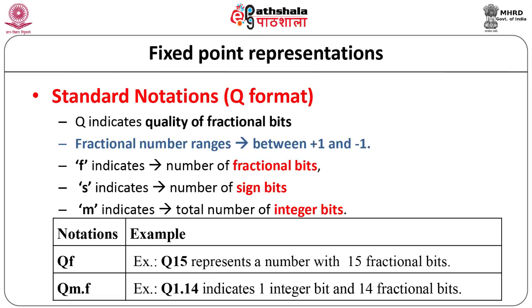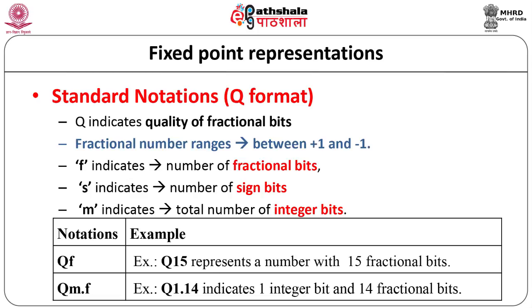In addition, F indicates the number of fractional bits, S indicates the number of sign bits, and M indicates the total number of integer bits. There are two Q formats. The first one is QF. It is a format notation with F indicating the number of fractional bits. For example, Q15 represents a number with 15 fractional bits.